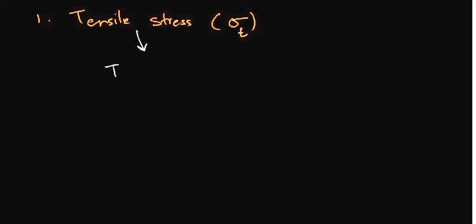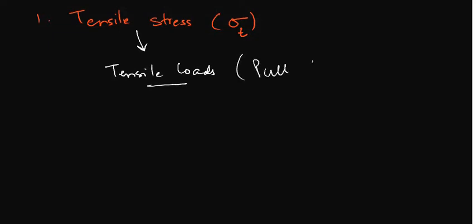What are tensile loads? Tensile loads are loads which are trying to pull a body. You're pulling a body, so tensile loads can be represented as pull loads. Okay, so if I draw a diagram, this is a bar.